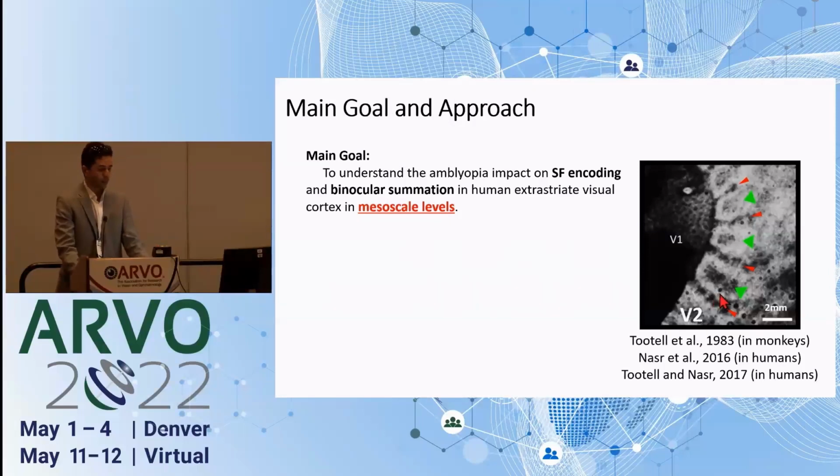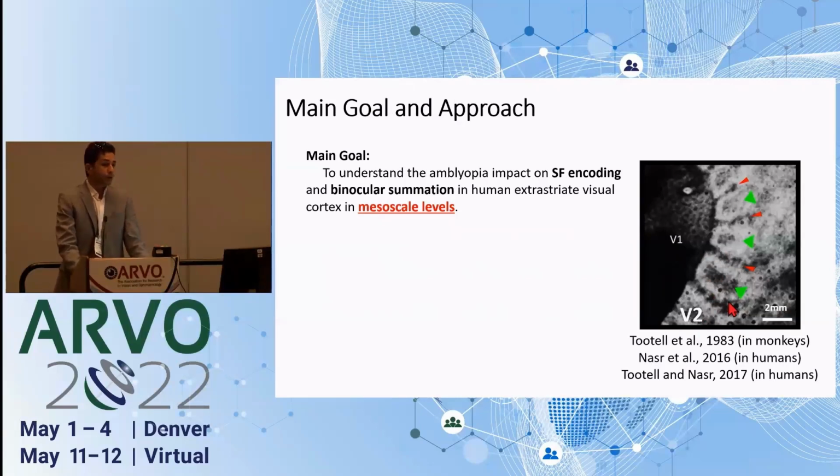This is data based on monkeys by Roe in 1983. We have shown more or less the same data in 2016 and 2017. That data suggests that when you look at the area of V2 and also V3, you will find a lot of small neuronal clusters, for example, thin and thick stripes in V2 and their extension toward area V3.